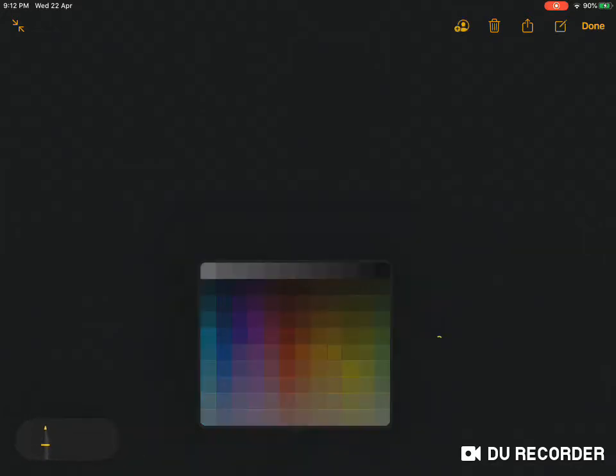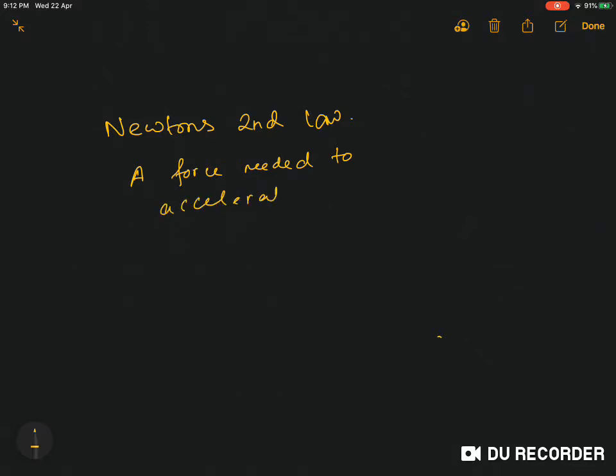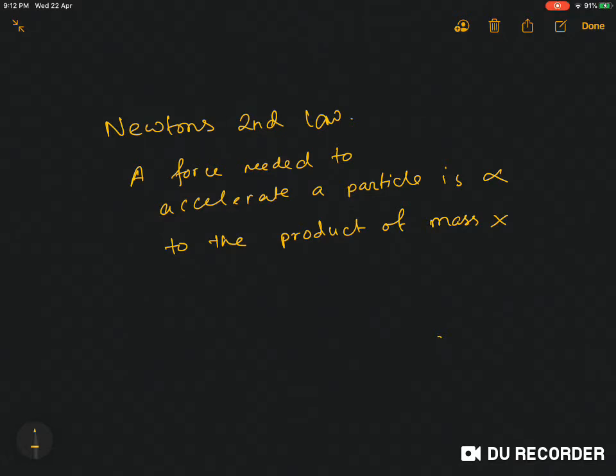So here we go. Newton's second law. Well, I don't need the law actually, but I should state that Newton's second law is nothing but: the force needed to accelerate a particle is directly proportional to the product of mass and acceleration.